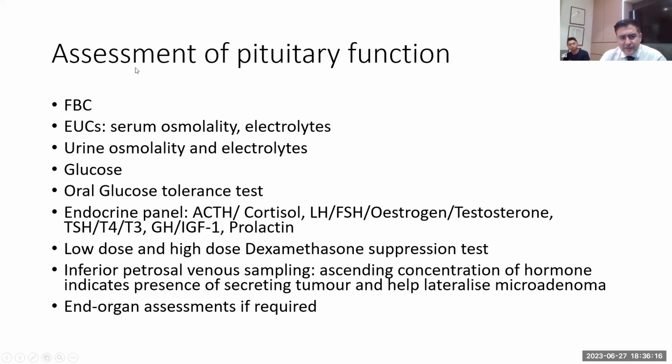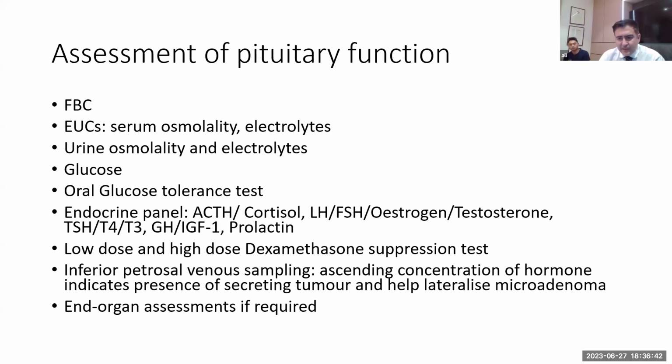So every patient with a possible pituitary lesion would benefit from a full blood count because, for example, a person with Cushing's disease can have anemia of chronic disease. Electrolytes are very relevant because you can have problems with electrolytes. Sodium fluctuations are very common in patients with pituitary dysfunction.